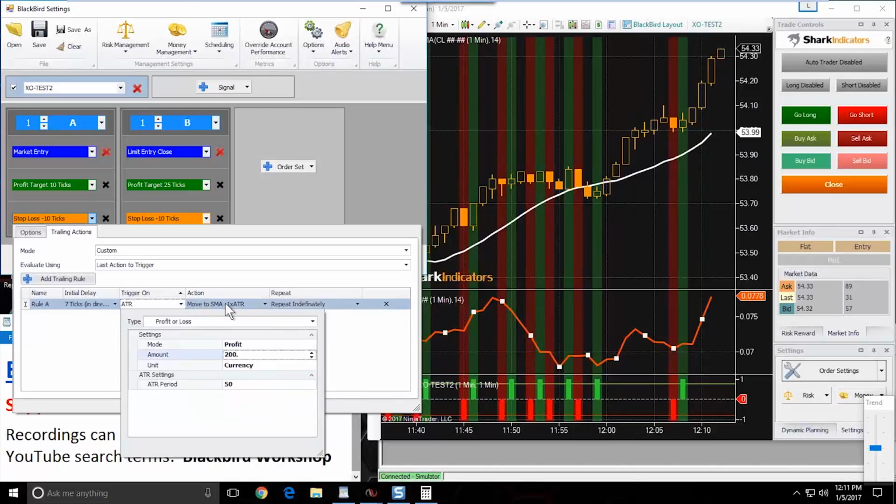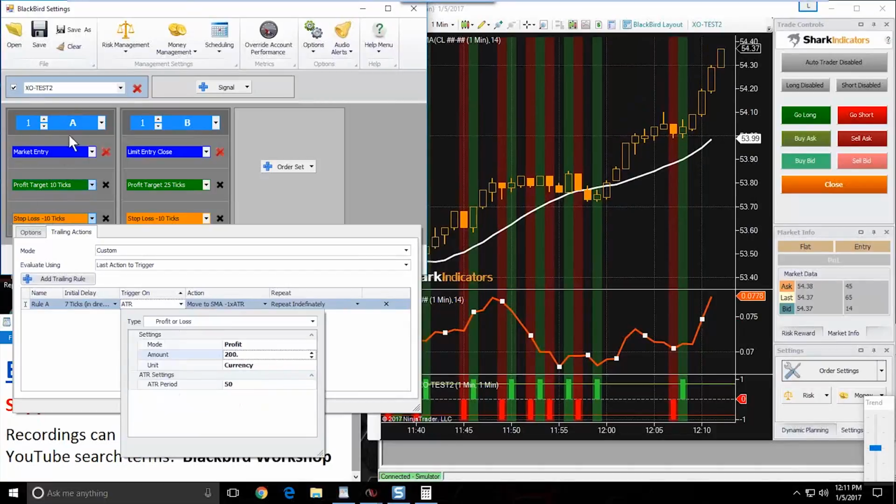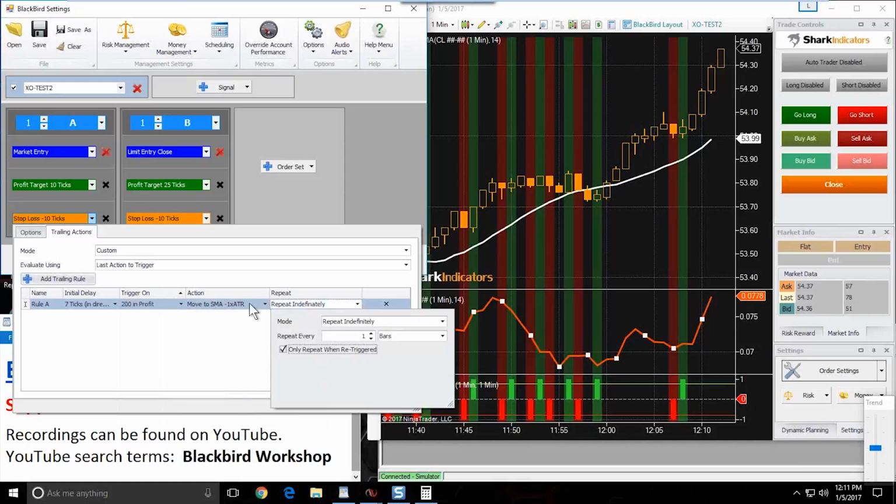So if the profit for this order set stays below, if it's below $200, then this trailing rule is not going to repeat.